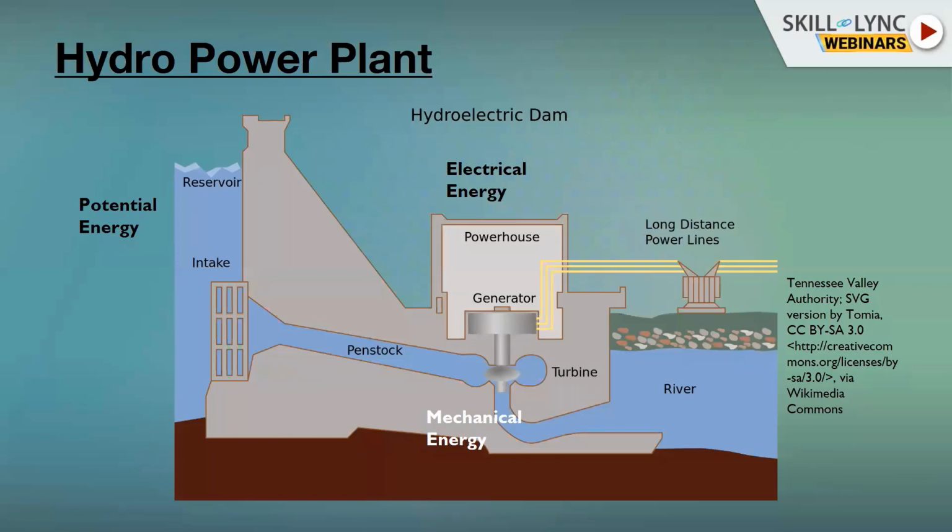When the water hits the turbine, it rotates, and the shaft which is connected with the generator makes the generator rotate, and through that rotation we get the electrical energy, which is given to the power lines, and at last that water is given to the river.